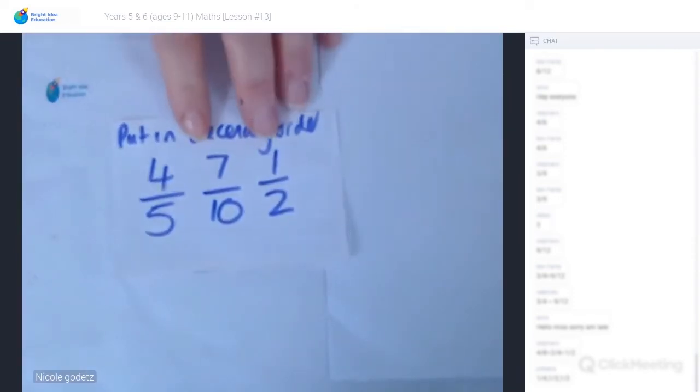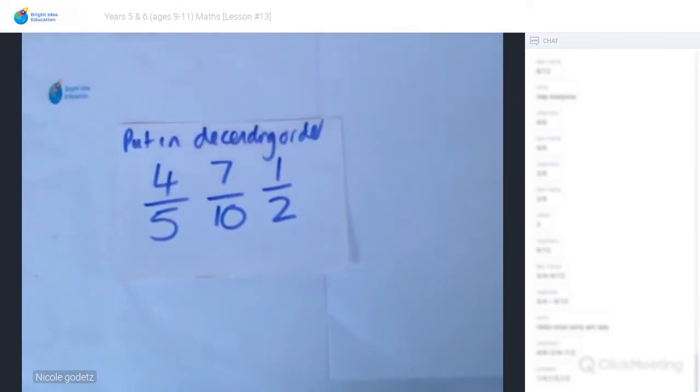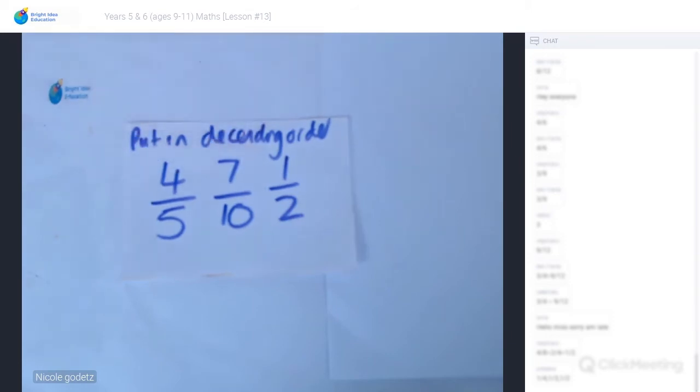Okay, I want these in descending order, from the best to the worst bit of pie. And look for making life easy for yourself.